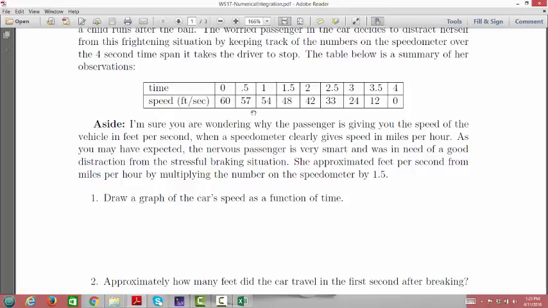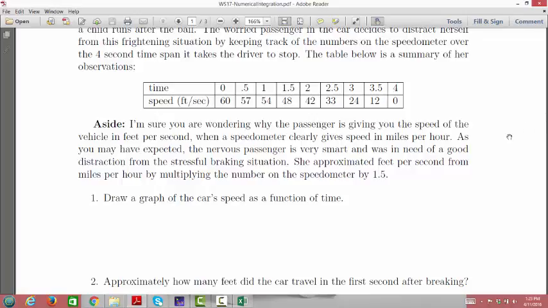We could use 54 as a certain amount of an estimate for how far we traveled, and know that the real idea will be somewhere in between. Or we could use all the information that we have, and we could say, let's assume we were traveling 60 feet per second for the first half of a second, and 57 feet per second for the second half, and we could get slightly better estimates in that way.